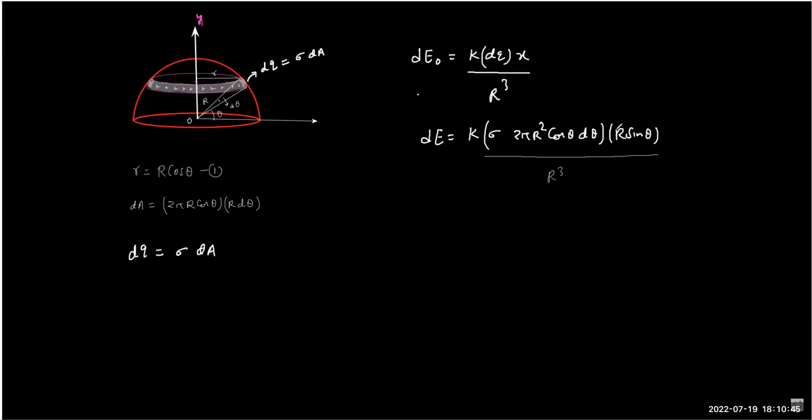Now you can see clearly that all R will cancel out. So what is really interesting is what we are left with: K sigma pi into sine 2 theta d theta. And now you are just supposed to integrate.